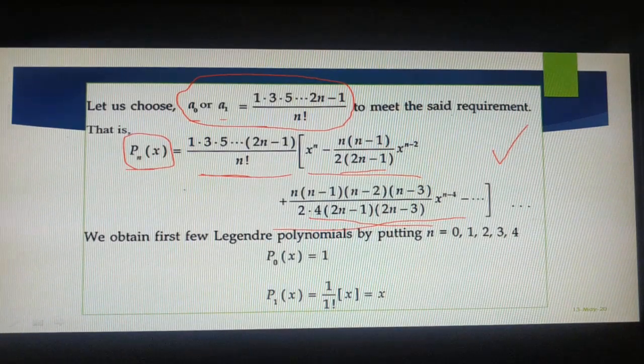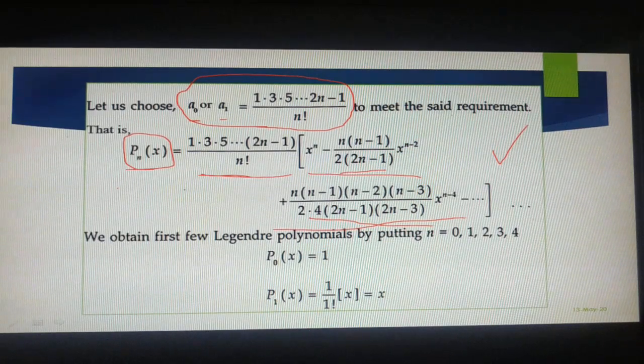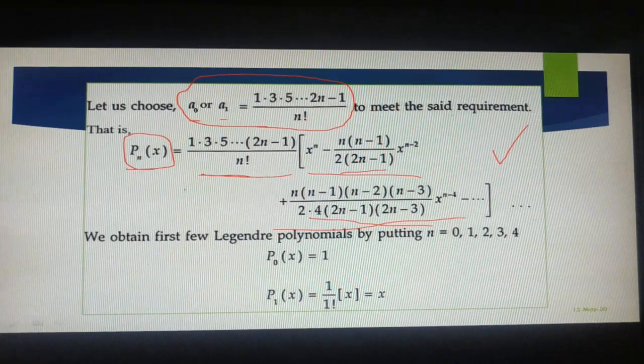So let's wait a moment here. I'm just representing y, your Legendre's differential equation solution, as Legendre's polynomials. It is possible when Pn of 1 is equal to 1, and only then is it possible.